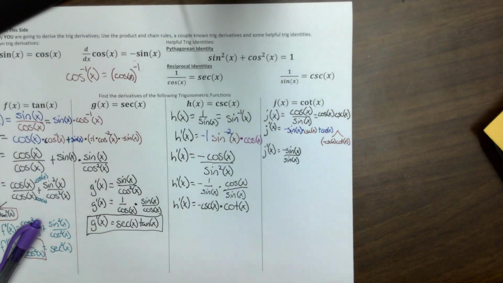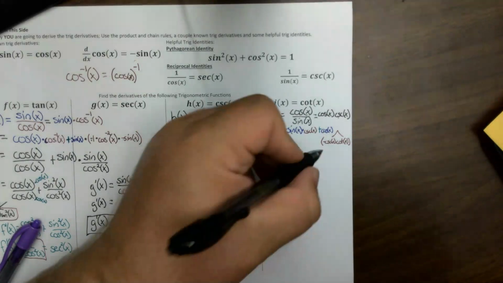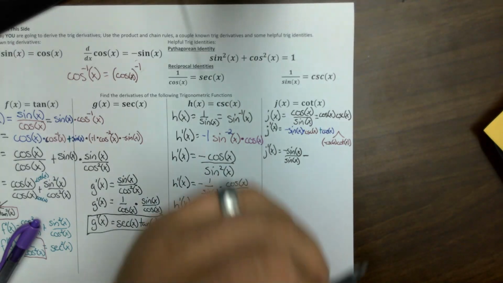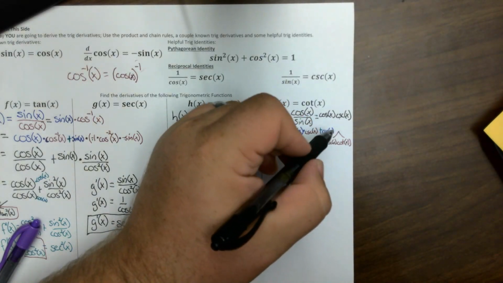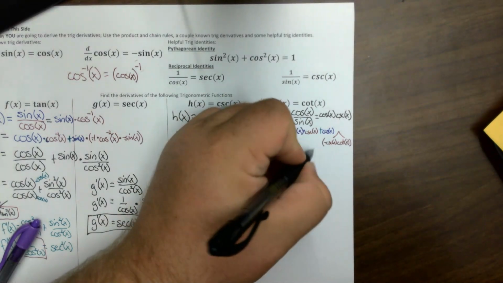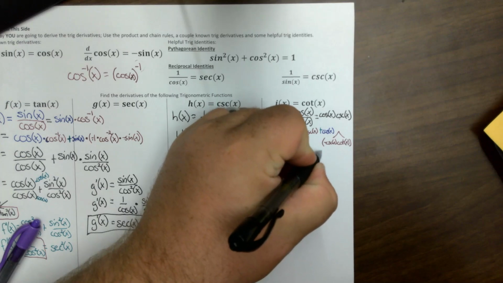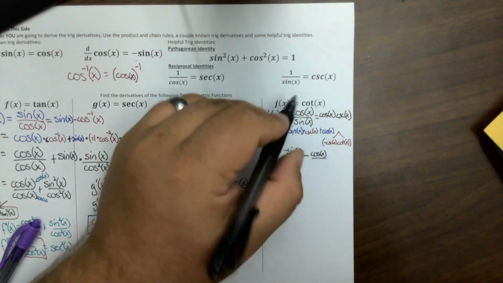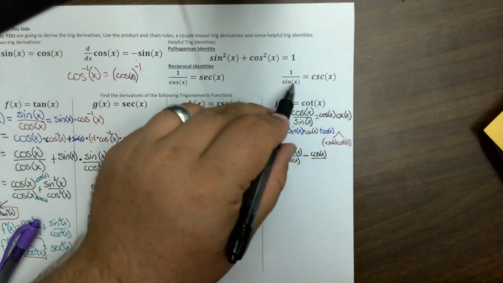We've got a negative symbol here. I'm going to put that out front. Big old minus sign. And cosecant again. Cool. I'm going to write cosine over sine.